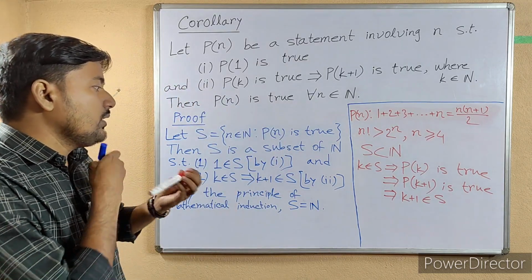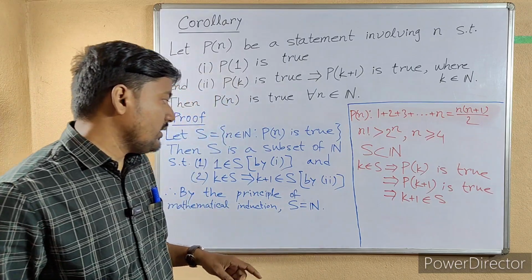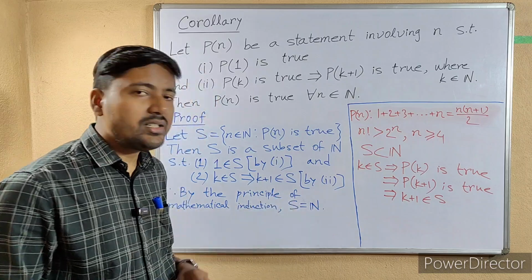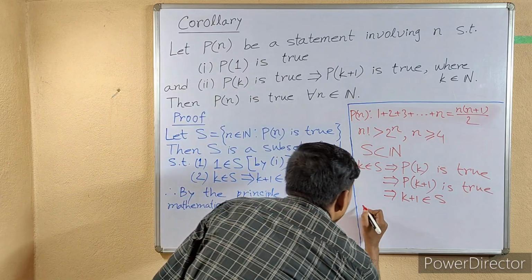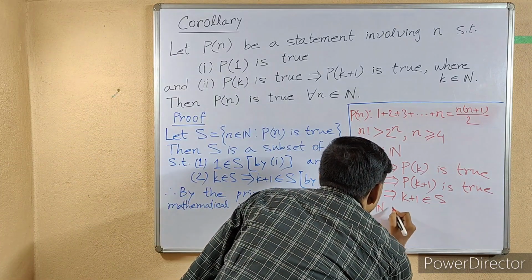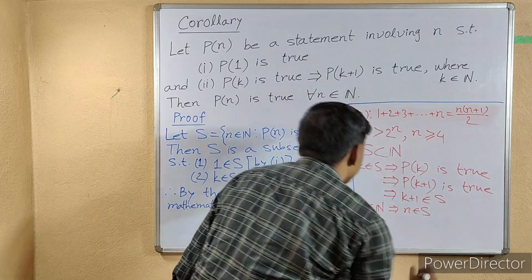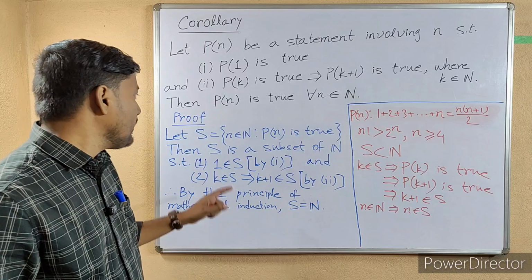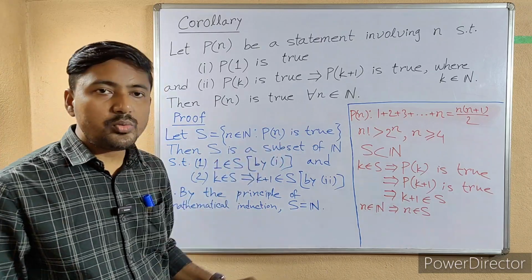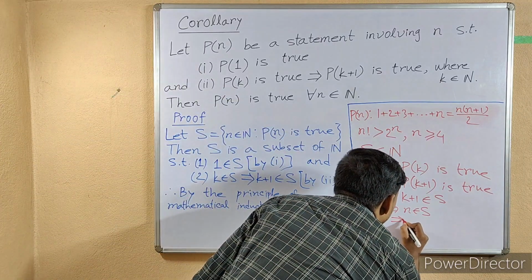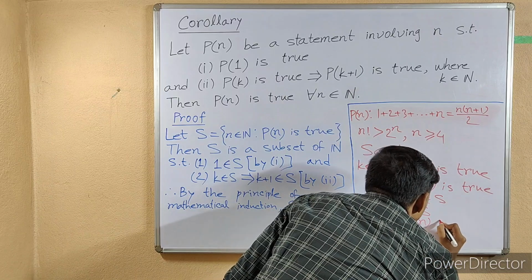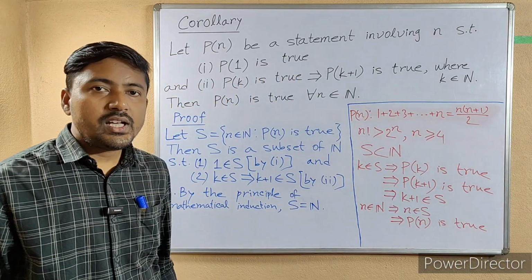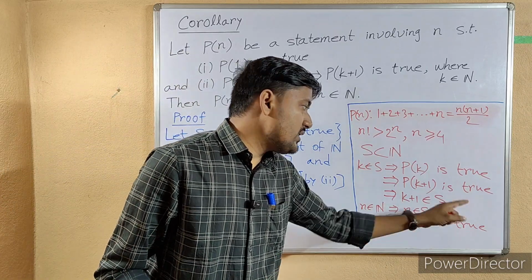Now n belongs to N implies n belongs to S, because we have S equal to N. And n belongs to S implies Pn is true. Thus n belongs to N implies Pn is true.